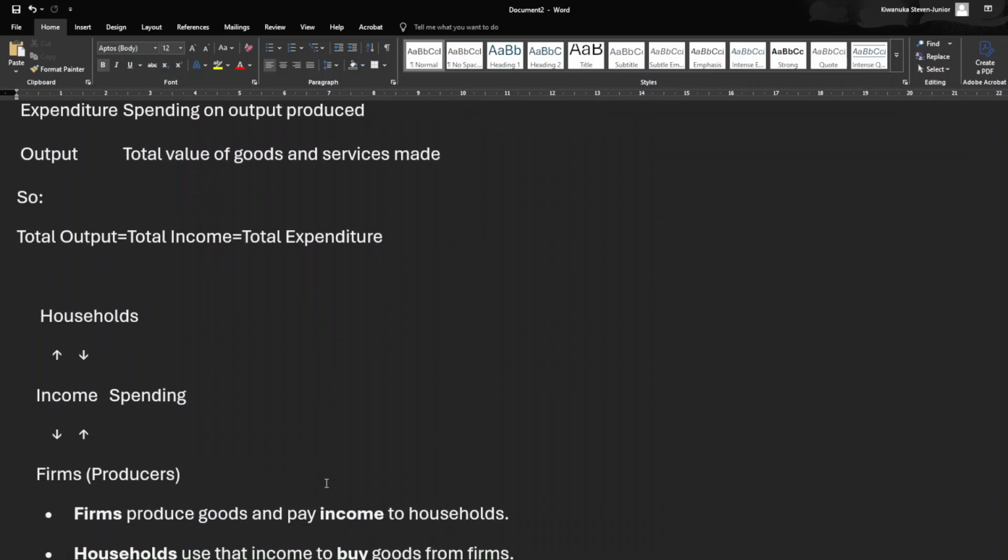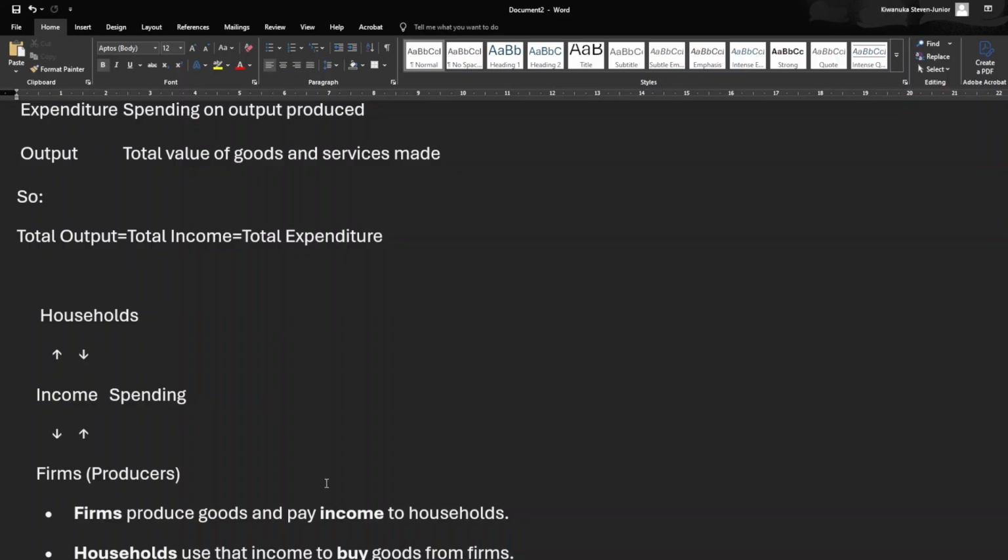If I had the stylus pen, I would illustrate this very well. We have households supplying labor and all factors of production. Households spend, and in that process they also earn income when they are employed.